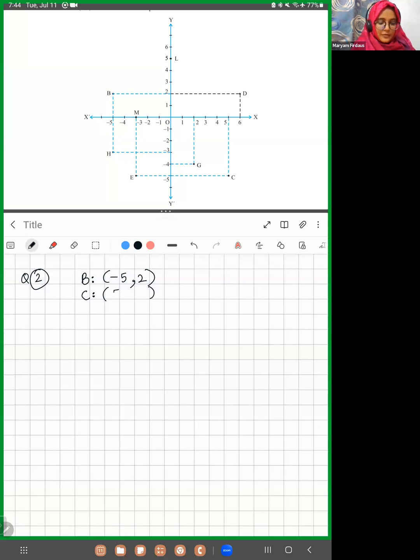Very good. Okay, Alina, can you tell us point D? It is 6, comma 2. Very good.